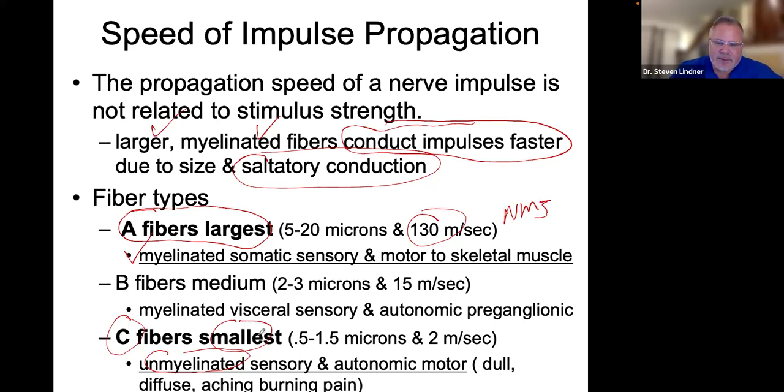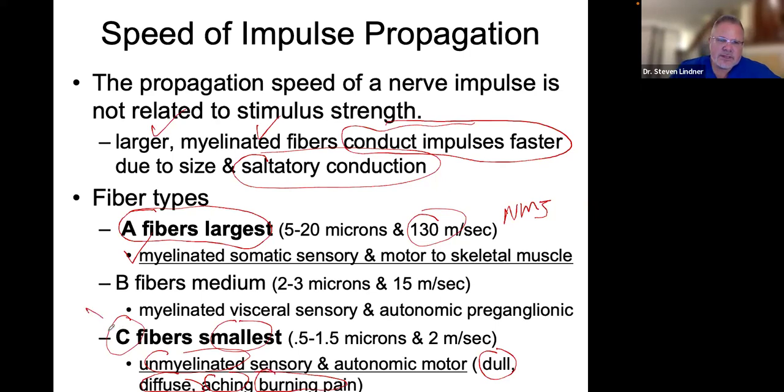Your C fibers, these are the smallest. These are unmyelinated sensory and your autonomic motor neurons. These are going to be the slowest because they are the smallest and they're unmyelinated. These are the type of neurons that give you the sensation like a dull ache or a pain that you're having, like an aching or a diffuse type of pain that you have, or a burning type of sensation, or you can feel a burning type of pain.